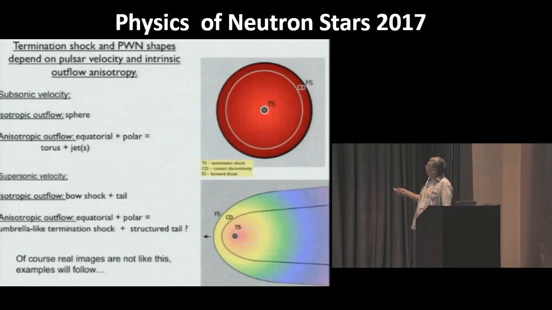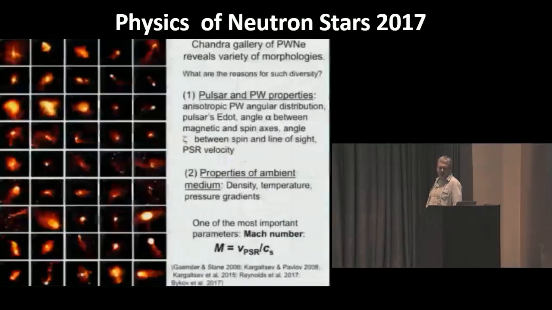Right, so this is a demonstration of what happens when you have a low Mach number, less than 1, so subsonic motion, and supersonic motion, which is a high Mach number. Of course, these schematic pictures do not resemble the complex anisotropic pictures that you can see here.